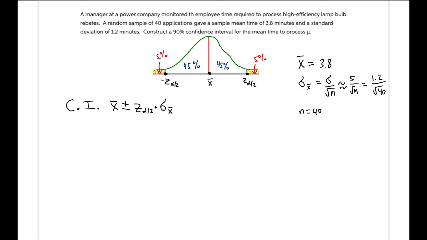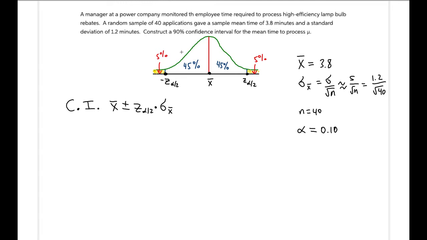As you can see, there is 5% on the left side and 5% on the right side that we're not interested in. So the overall alpha level is going to be 0.10, and that suggests that 10% will not be part of the 90%, because we know the whole probability is equal to 1.